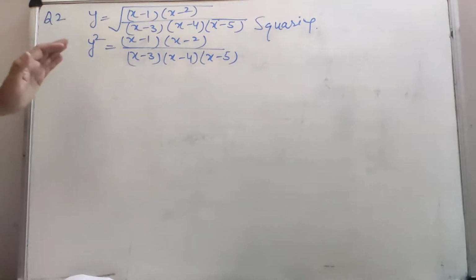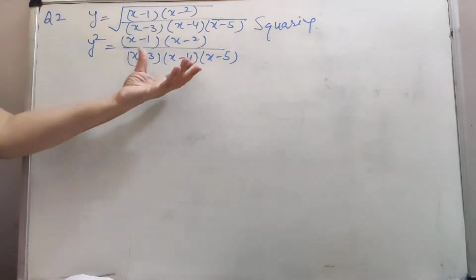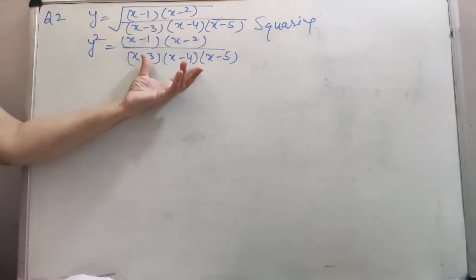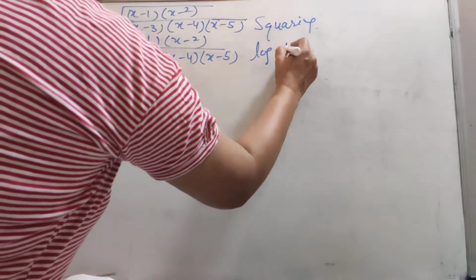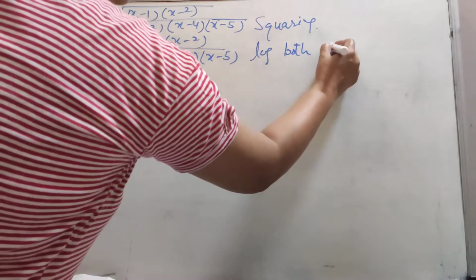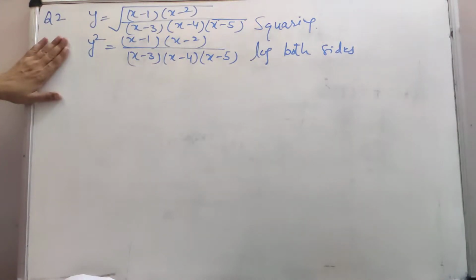See, no rule applies; if there is an f upon g type, you can't solve it because it is a very long expression. So it is better that you apply logarithm both sides. This is so easy, only 2 steps are there to solve this question.